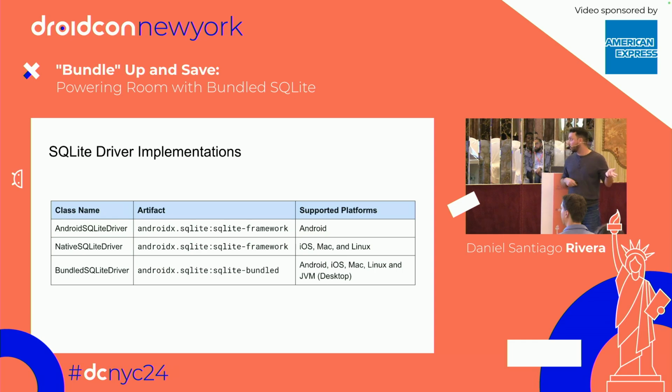Similarly to the support library, we already have implementations for them that you can use, the Android one, a native one, but specifically I want to call out the bundled one, because that is what we recommend you to use now in Room KMP, and even if you're using Room in Android alone.